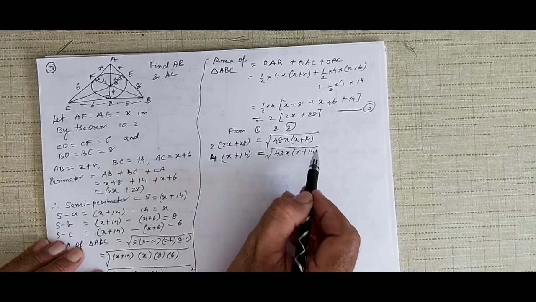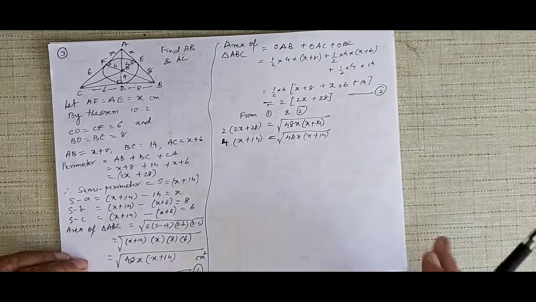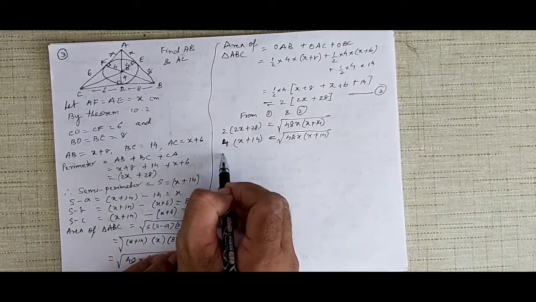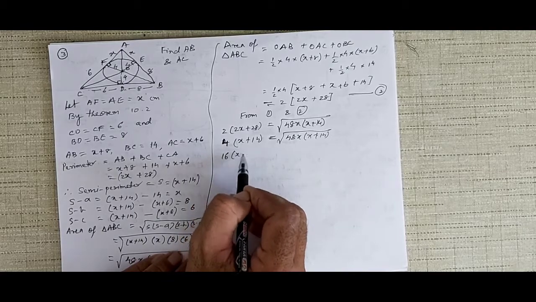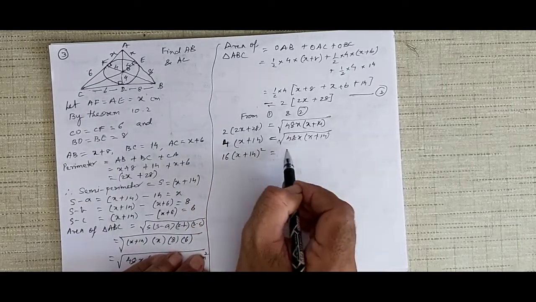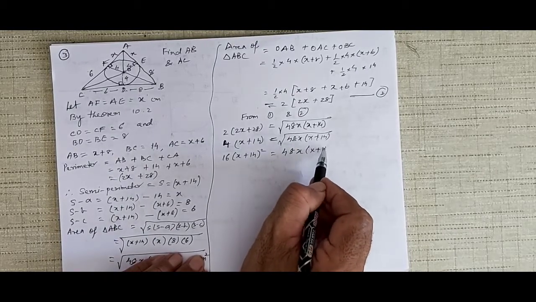Now if I want to remove the square root sign, all I have to do is square on both the sides. If I square, 4 4s are 16, x plus 14 square. On this side the square root sign will disappear, x plus 14.